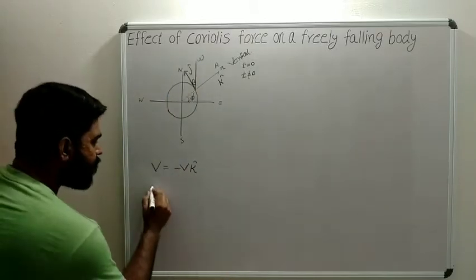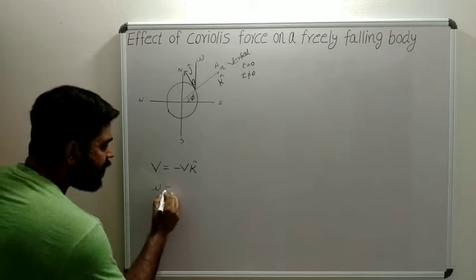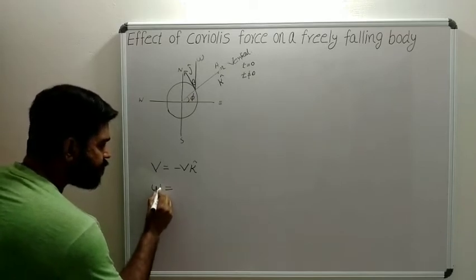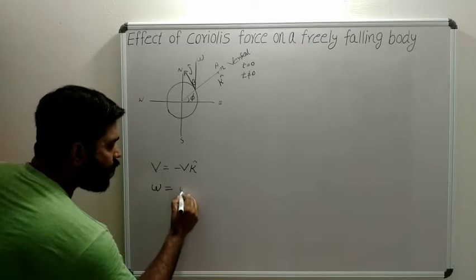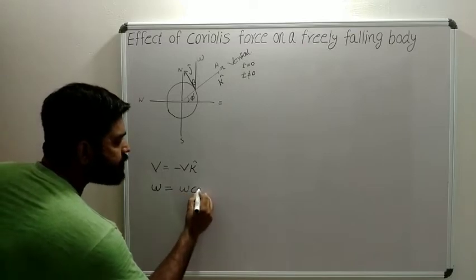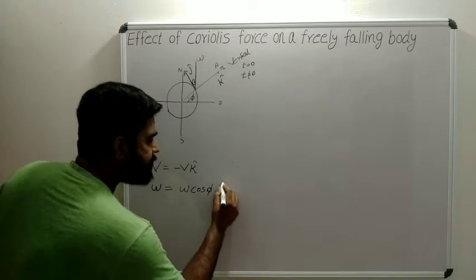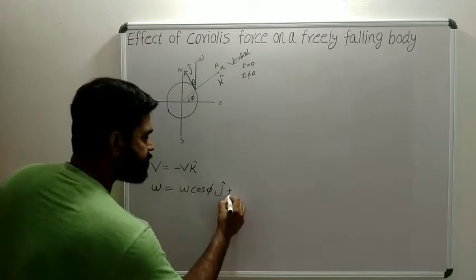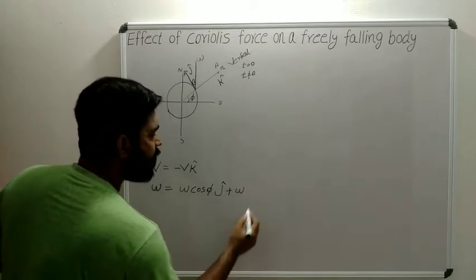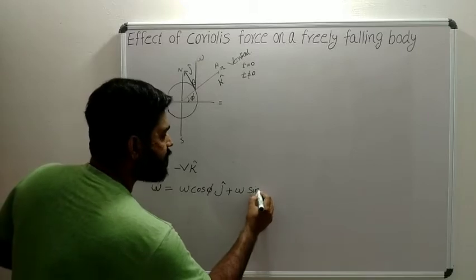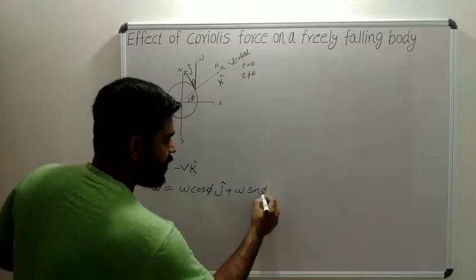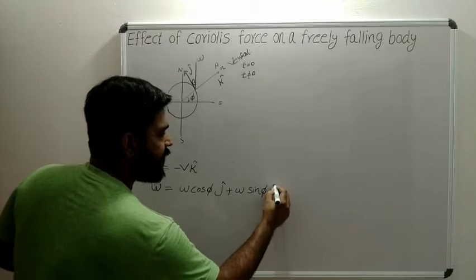So we can write omega is equal to omega cos phi j cap plus omega sin phi k cap.